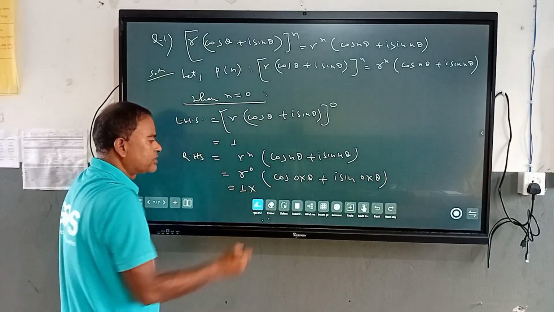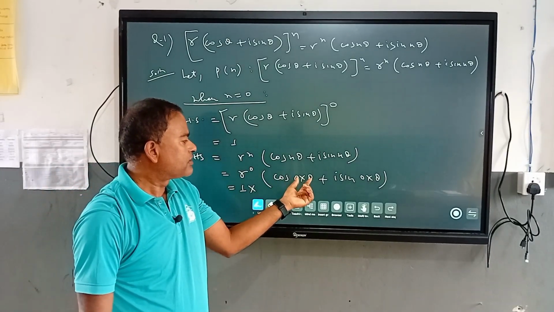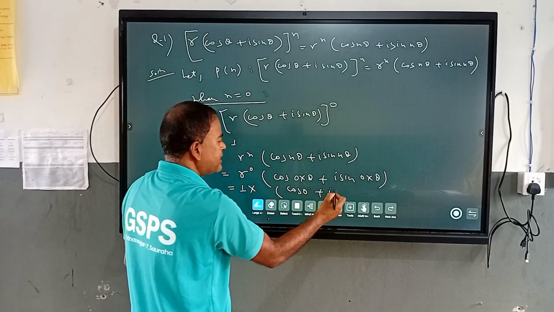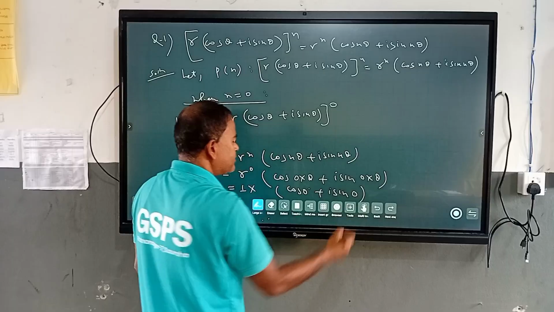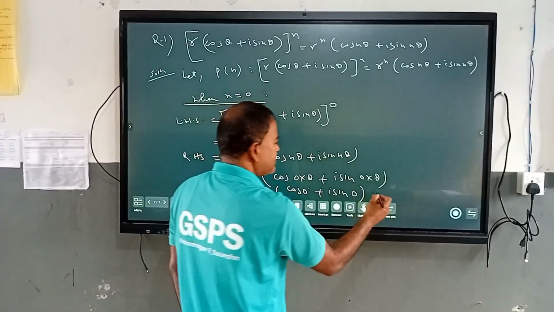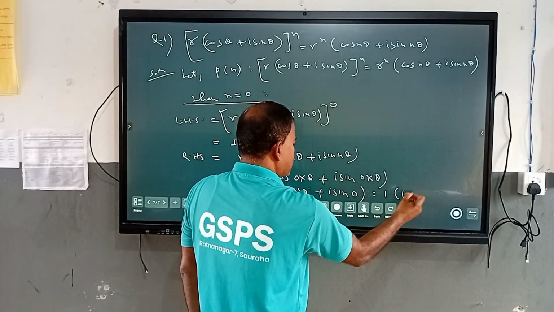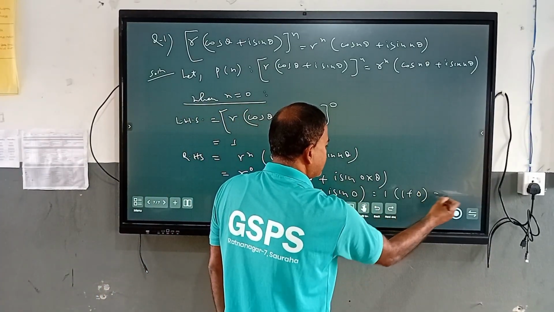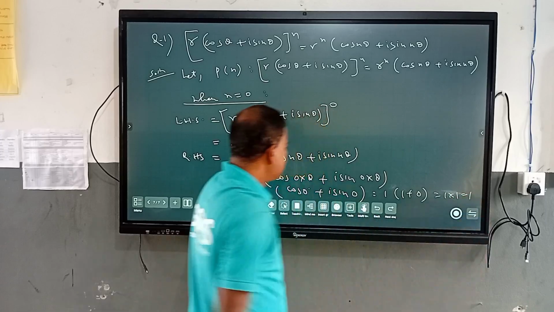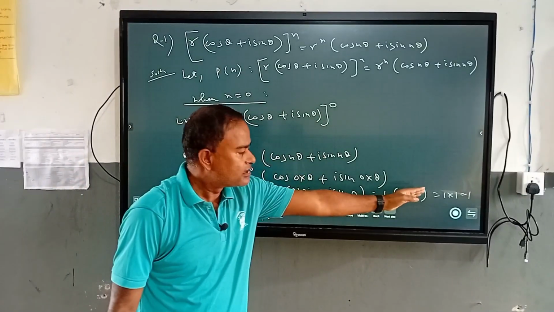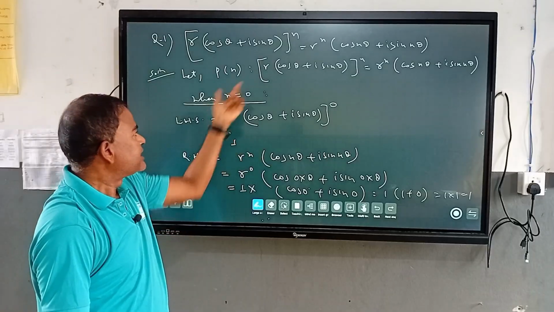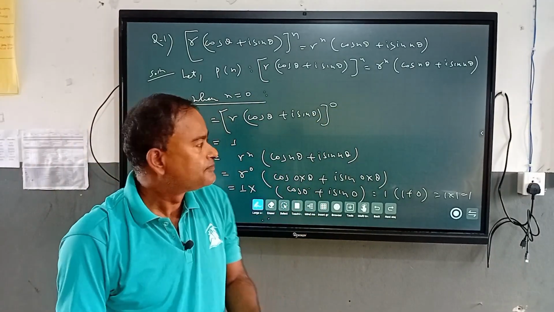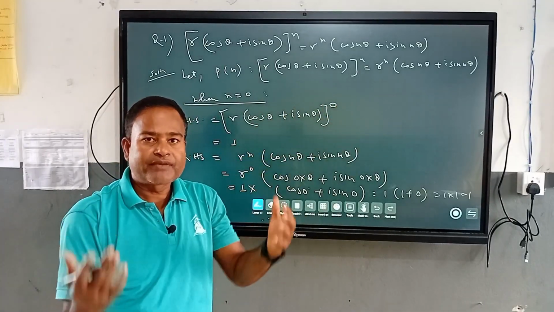So r^0 equals 1, and the value of cos 0 is 1, and the value of sin 0 equals 0, and 0 times i we get 0. That means we get again the value of RHS as 1. This means this theorem is valid for n equals 0. That means when the power is 0, the value of LHS and RHS are equal.